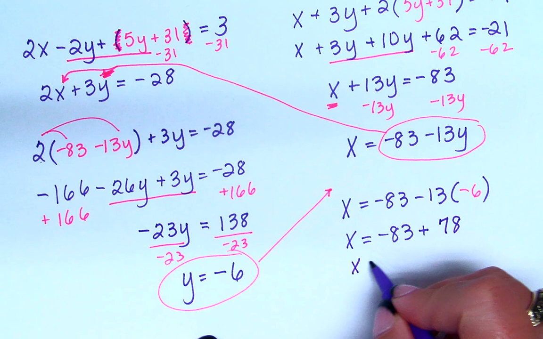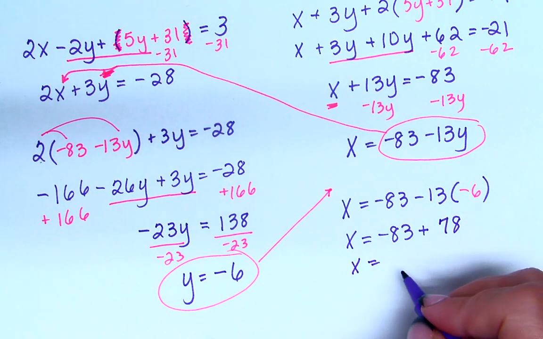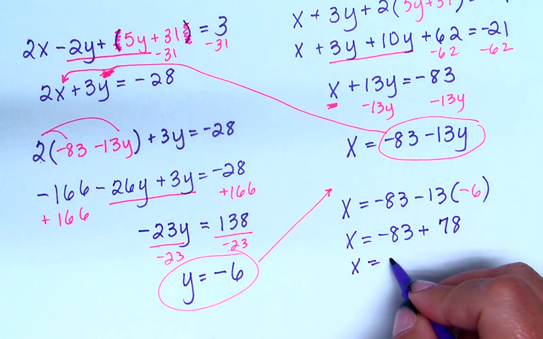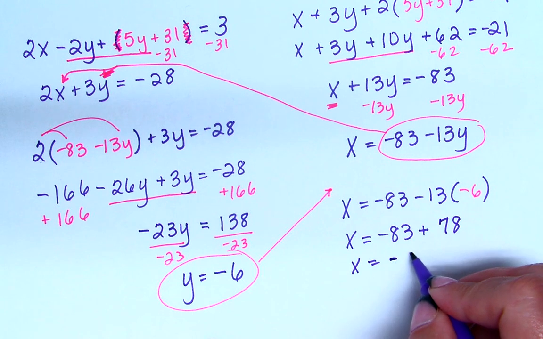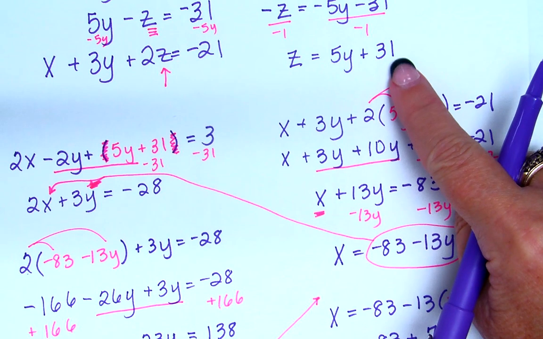And what's negative 83 plus 78? Negative 5. And then we already had z up here, right?